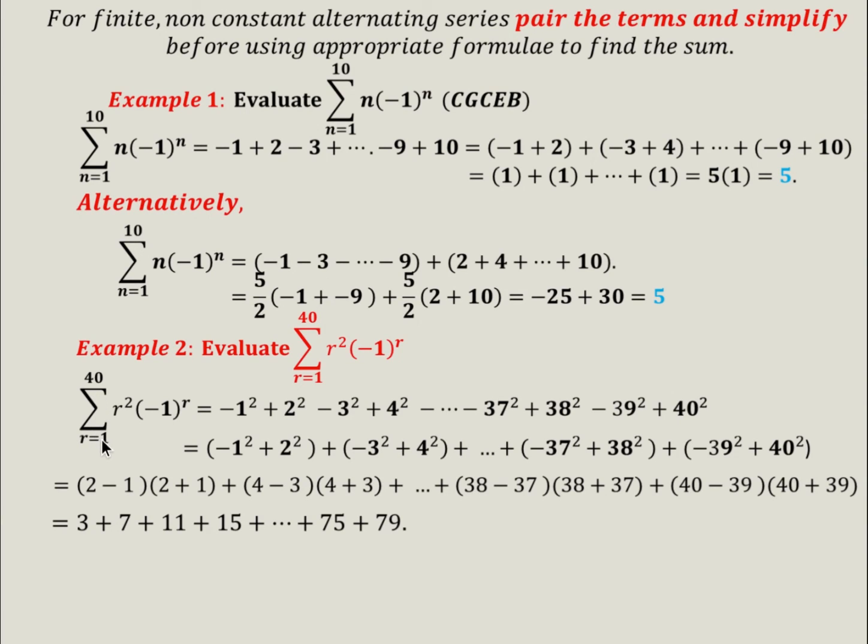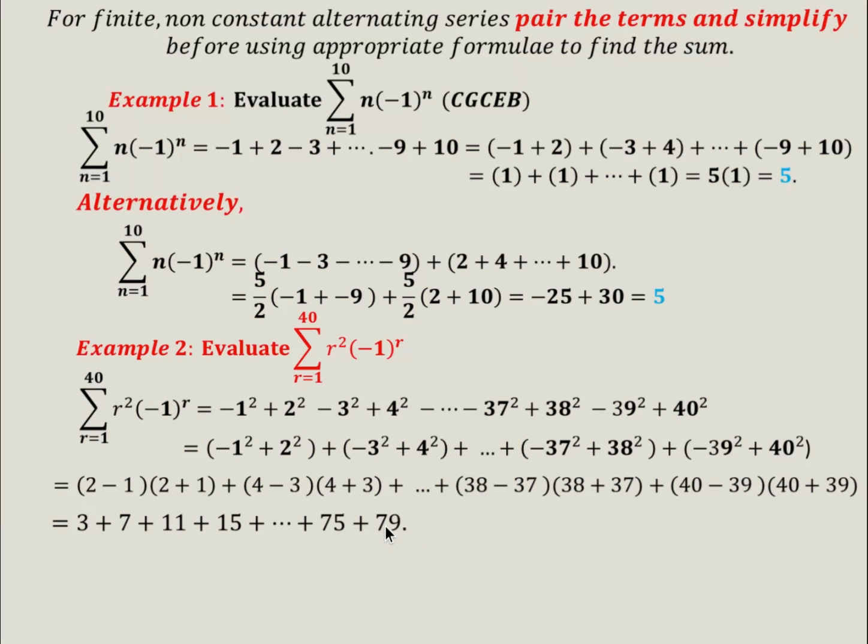Summation from r equals 1 to 40 should give 40 minus 1 plus 1, which gives 40 terms. When you pair up 40 terms, then you divide 40 by 2 to have the number of pairs. It means after pairing 40 terms, we are left with 20 pairs. So these pairings simplify to give you 20 terms. This simply means this arithmetic series has 20 terms.